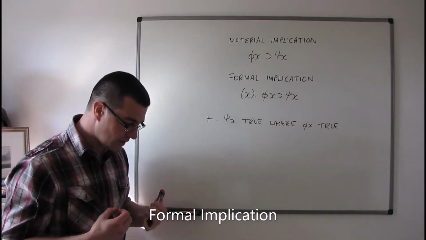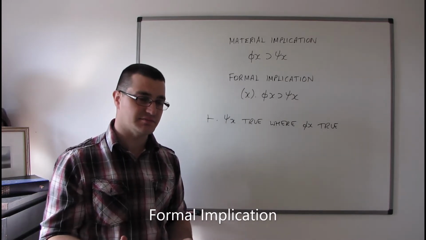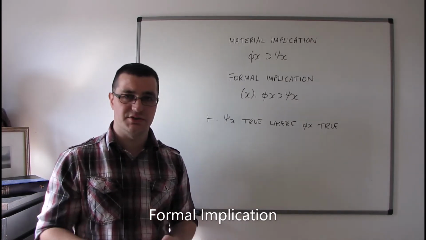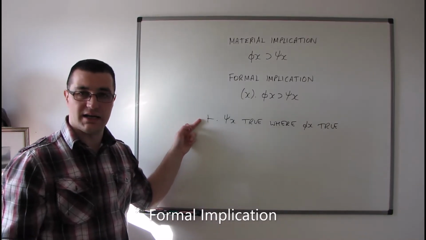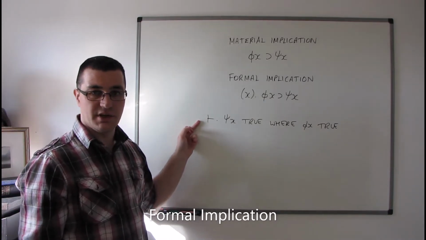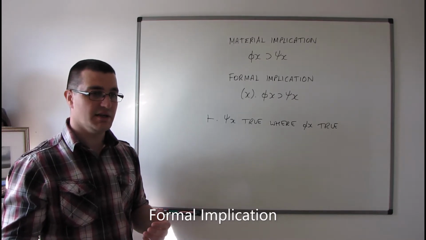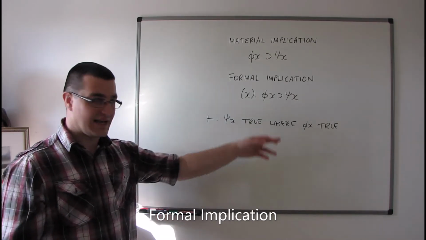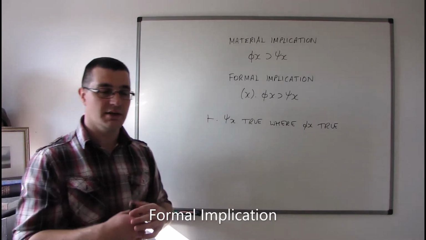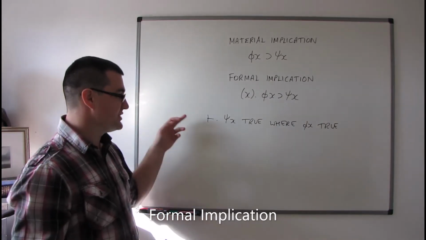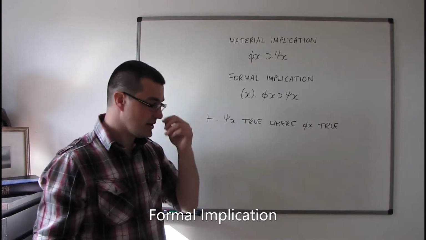It's just that there are certain behaviours that the formal implication exhibits for certain values of x that coincide with the values of x that are significant in this proposition. And there are certain other behaviours that the formal implication exhibits that correspond to values of x that are not valid in this proposition here. So we're not saying that the formal implication is a purely symbolic representation of this proposition. It's just that it's an appropriate substitute.